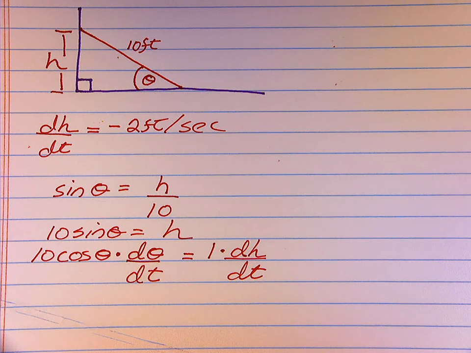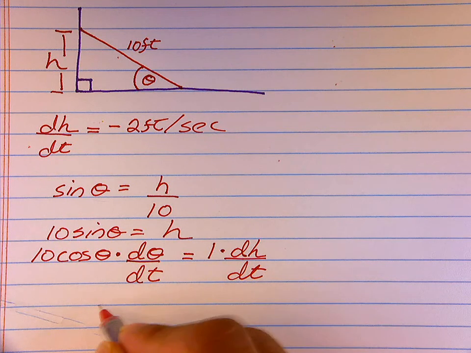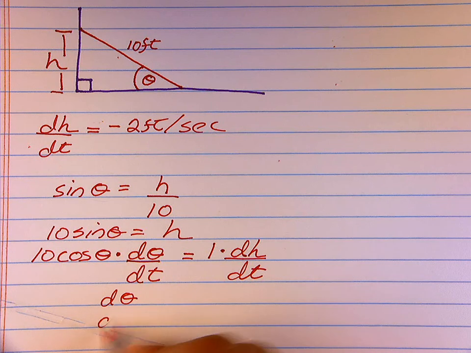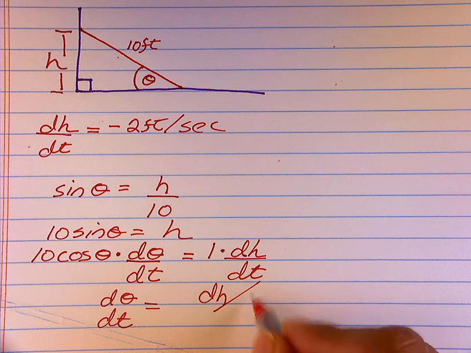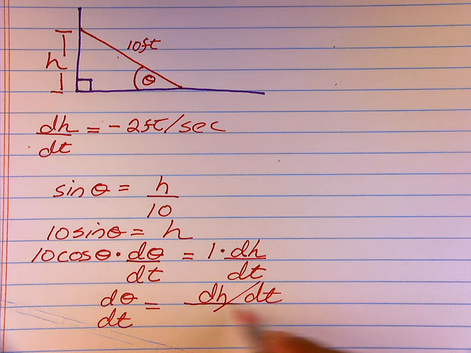So, now, what do I know? I want to find how fast my angle is changing, which by definition would be d theta/dt. So, what I can do is let d theta/dt equal dh/dt divided by 10 cosine of theta.